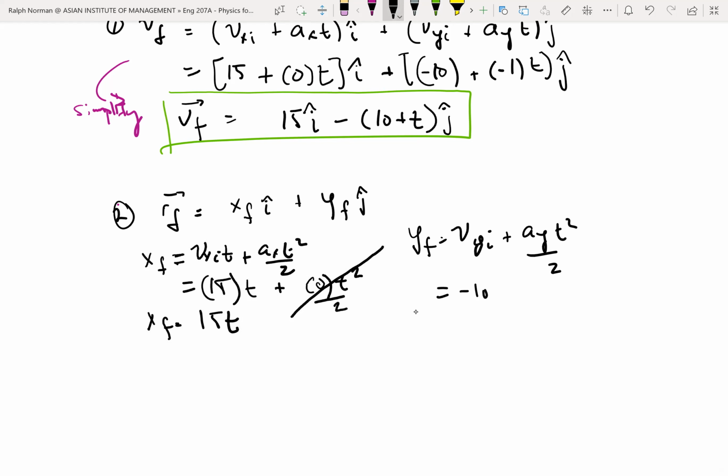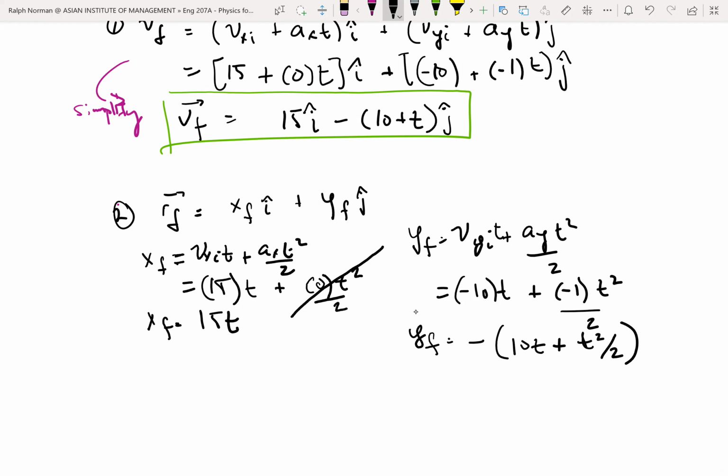Wait, I forgot the T. Yeah, VY is negative 10 t plus -1 t squared over 2. And yeah, factoring out yung negative thing na yun, you got -10 t plus t squared, I believe, over 2. So you got that. And now you simply just substitute it here.